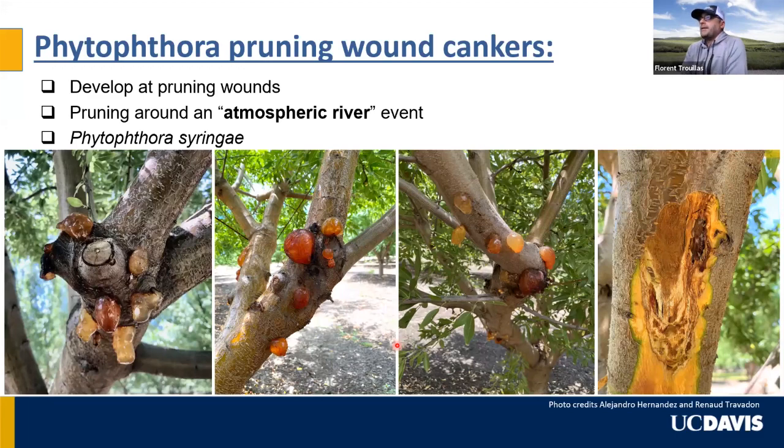A few words here on Phytophthora. We had many atmospheric rivers this year, and so these are rare events where we can see infection in almond trees by Phytophthora syringae. So if you pruned in January and then you had one or two waves of atmospheric river, the orchard may have been exposed to Phytophthora pruning wound canker.